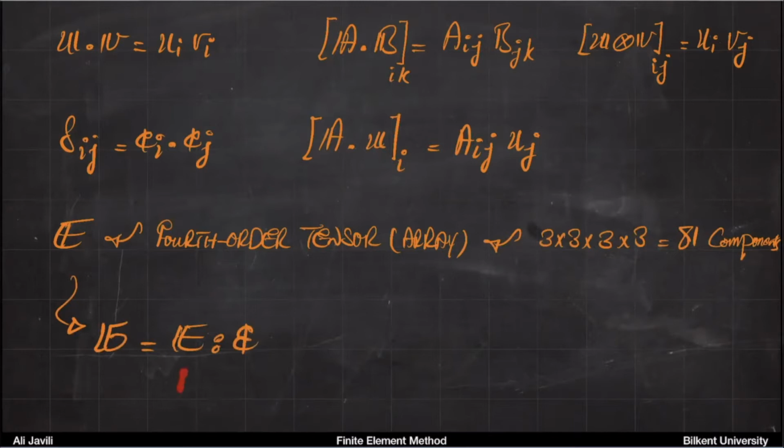It means you have a fourth order tensor, you have a second order tensor, which is a strain, and you also get a second order tensor that is stress. So that is fourth order, that would be second order, and that is also second order.